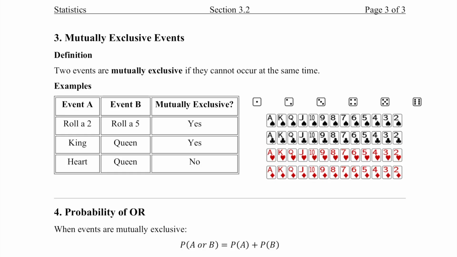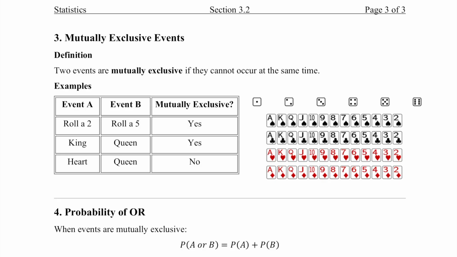This leads us to two important ideas: mutually exclusive events and the probability of or. These concepts are closely connected, and by the end of this lesson, you will know how to identify mutually exclusive events and calculate probabilities involving or. Let's get started.